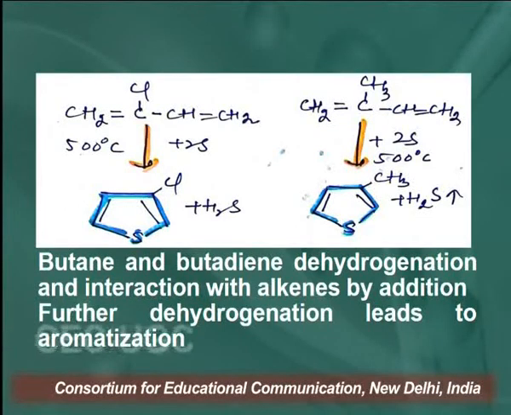On dehydrogenation with sulfur, interaction with the alkenes by addition of sulfur, and further dehydrogenation lead to aromatization, and we get an aromatic ring which contains 5 atoms, 4 carbon and 1 sulfur. So these are the methods through which we can get thiophene derivatives.